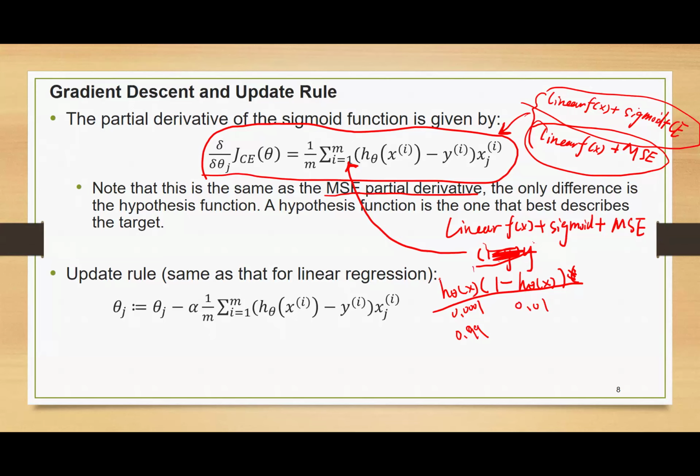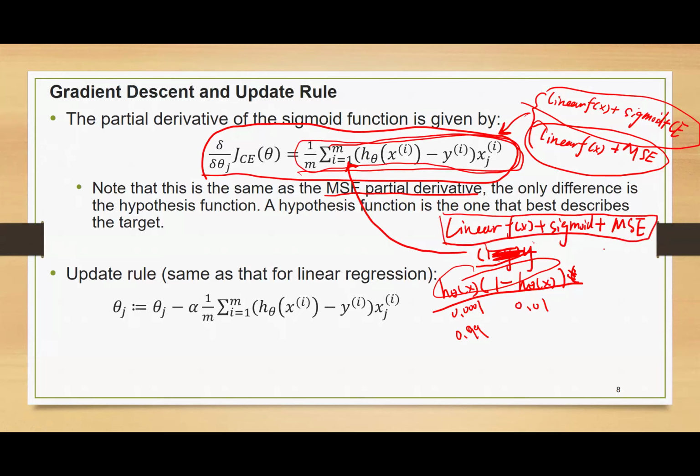Again, this term will be a very small number, and it will influence the whole value of this gradient, which makes the gradient very small. So this is why we cannot use linear function plus sigmoid plus MSE. In this case, we need to use cross entropy instead of MSE.